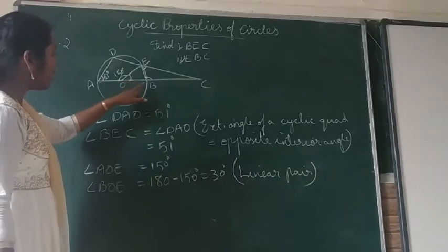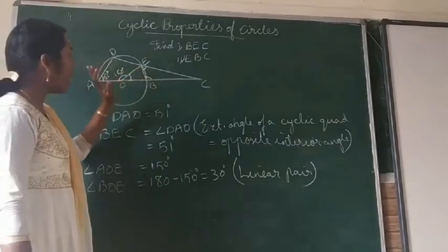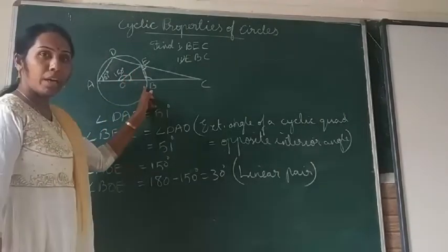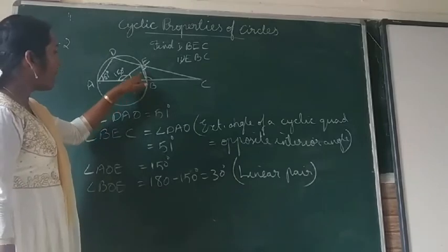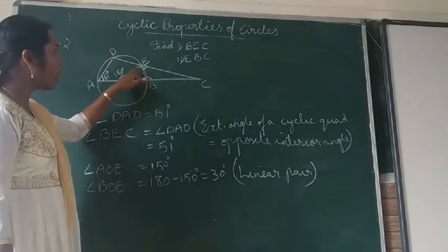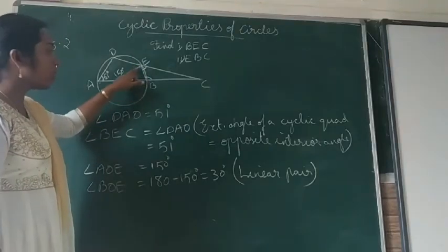Now see the triangle DOE. The triangle is an isosceles triangle because OE is equal to OB. They are the radii of the circle. Hence these two are equal sides, and the angles of an isosceles triangle that are opposite to the equal sides are also equal.